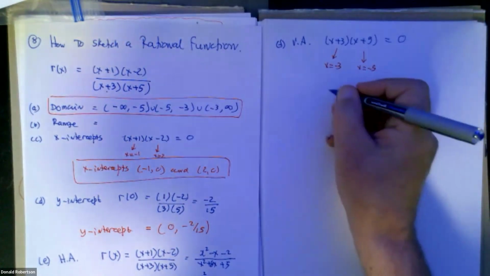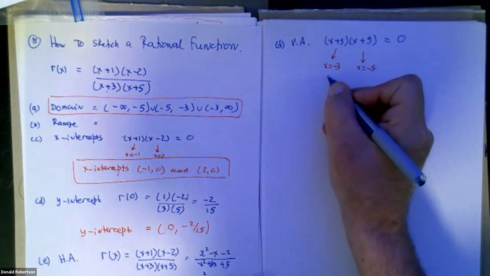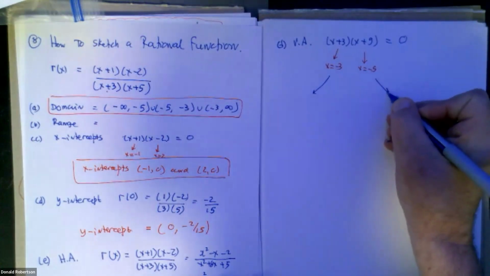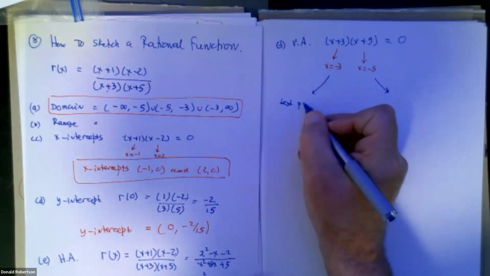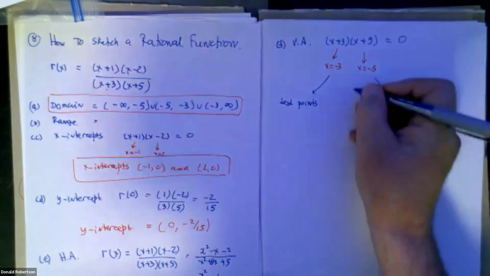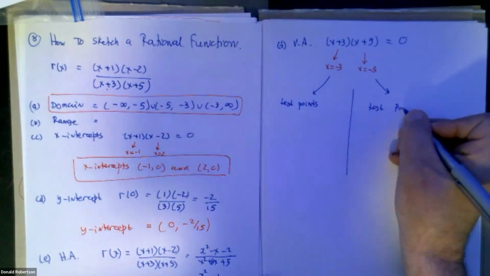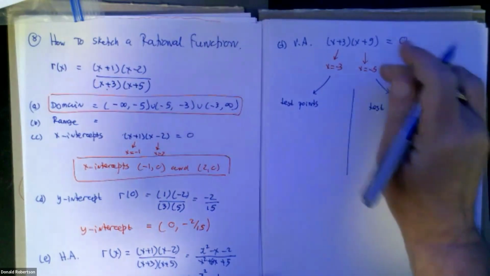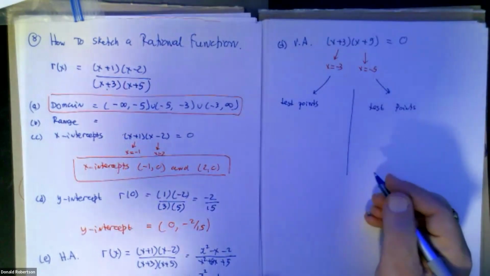But I also want to find their shape. So for each one of these, I'll do some test points. Obviously that negative goes before that one, but we can sort that out later.